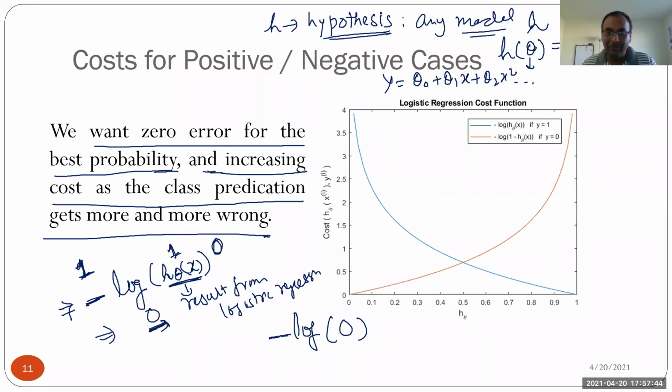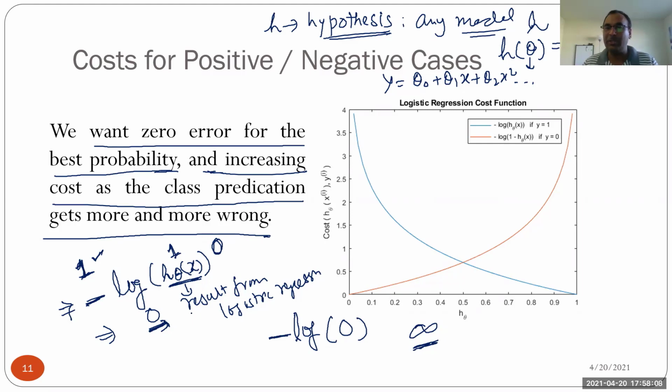So the label which was 1 is being classified as 0 by my logistic regression. Then what is the penalty? You should know that log of 0 is minus infinity. So that means infinity, you will put a lot of cost on this misclassification.